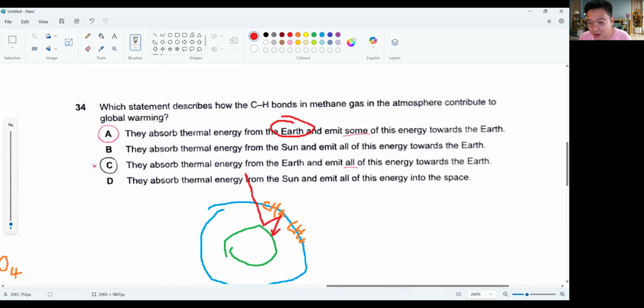So it's from the Earth, okay? They are shooting back the heat energy from Earth, all right? And emitting some of this energy towards Earth. Oh, yes. Okay, so this student says all of this energy. Why? Because this question actually asked quite deep. There is still a small percentage of the UV ray that can go out.